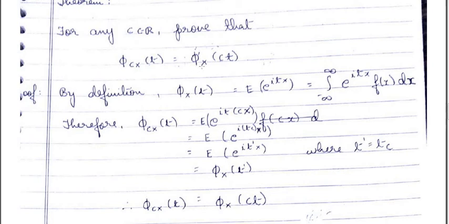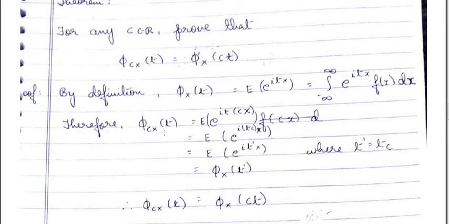Constant, so this is very simple, phi of x at ct, right? So the constant will be multiplied with t. x is a random variable, c is a constant and t is any real number.